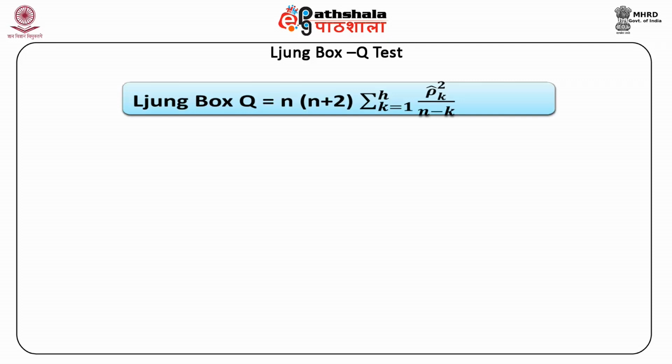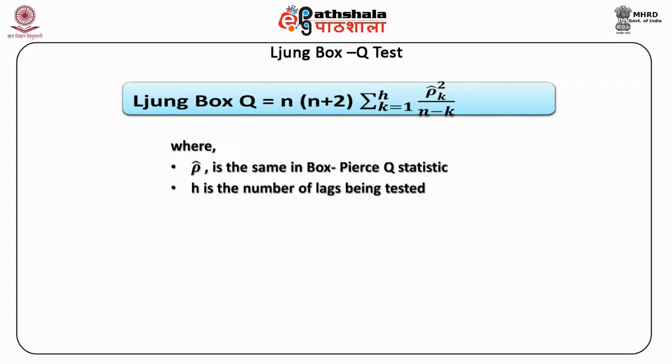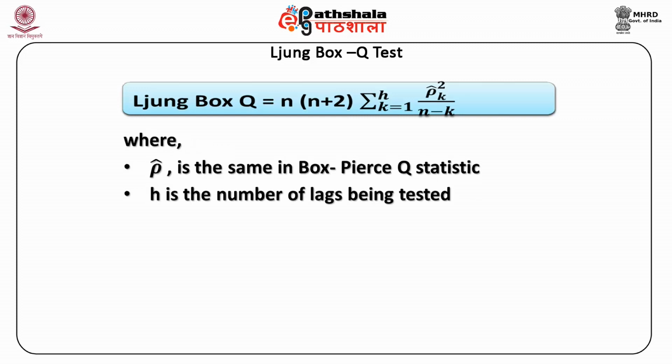The summation over k is from 1 to h. In this case, rho hat is the same as in Box-Pierce Q statistic, and h is the number of lags being tested.